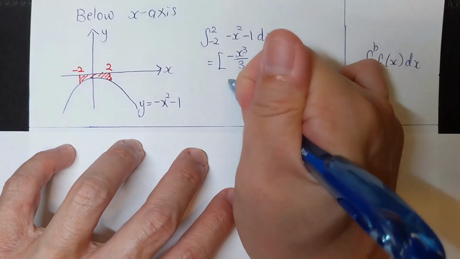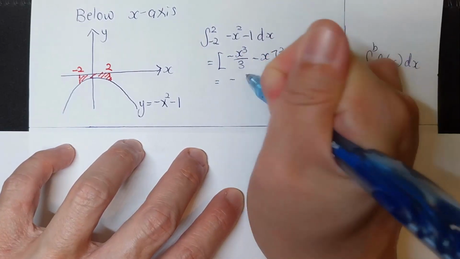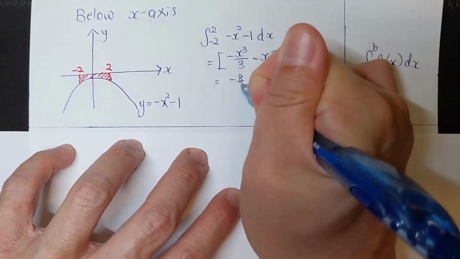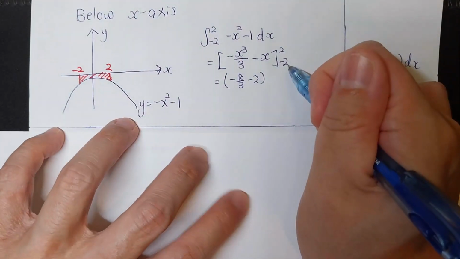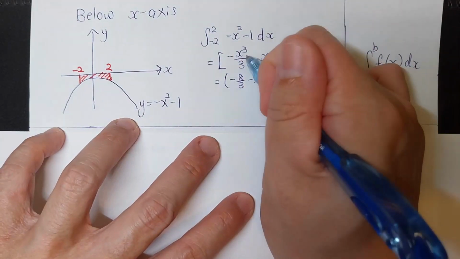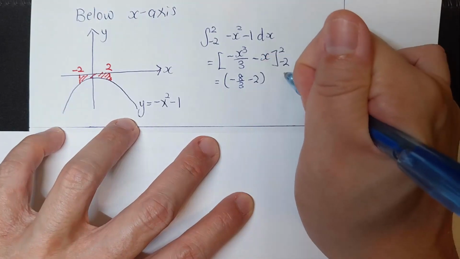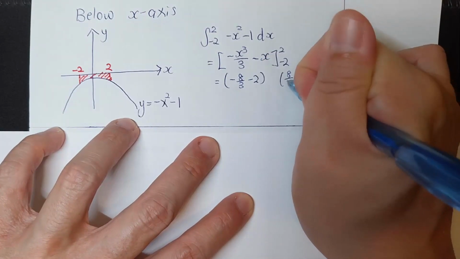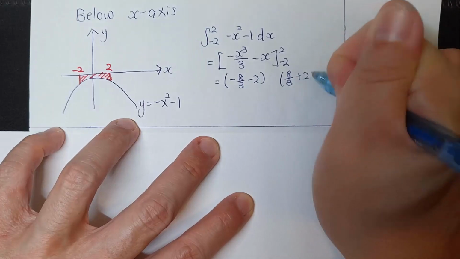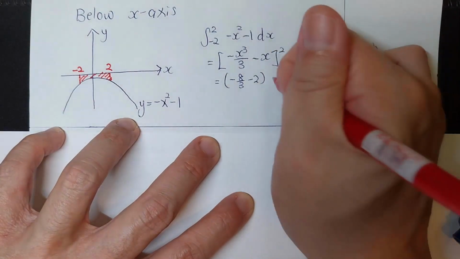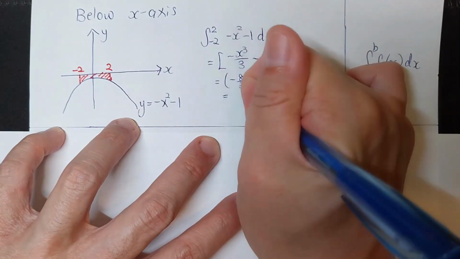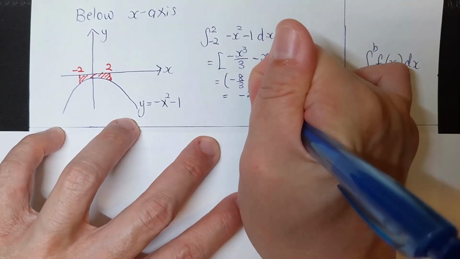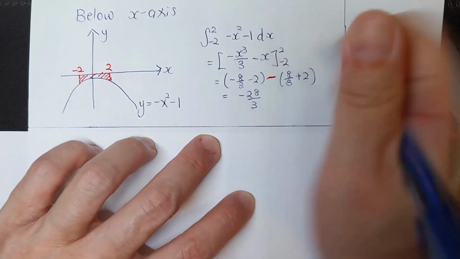Substituting in the value of 2, we will have negative 8 over 3 minus 2. Substituting the value of negative 2 into this term here, we will have 8 over 3 plus 2. Remembering, we will have to subtract these two values. That will give us negative 28 over 3.